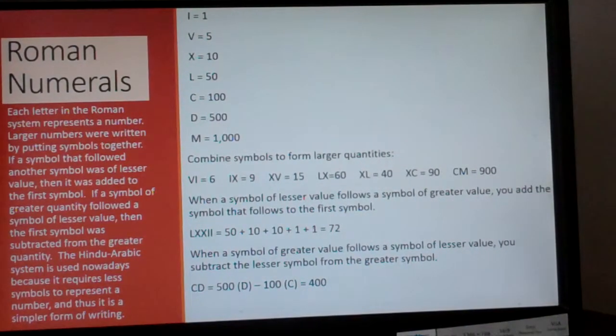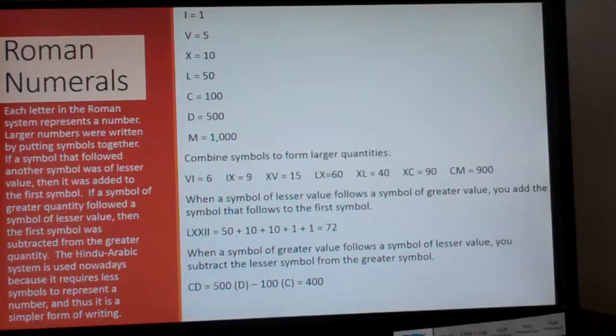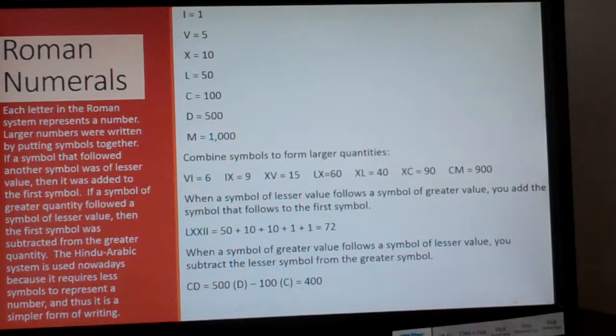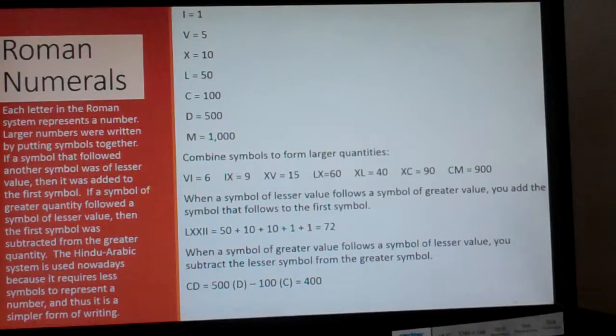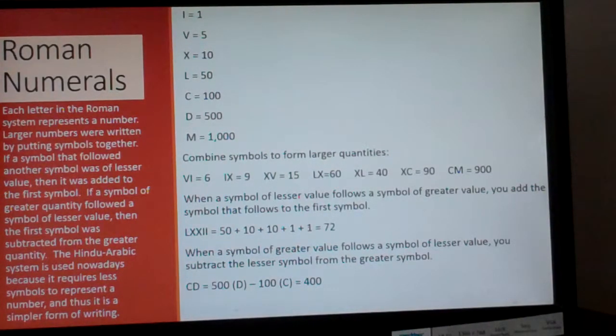M equals 1000. Combine symbols to form larger quantities. VI equals 6. IX equals 9. XV equals 15. LX equals 60. XL equals 40. XC equals 90. CM equals 900.